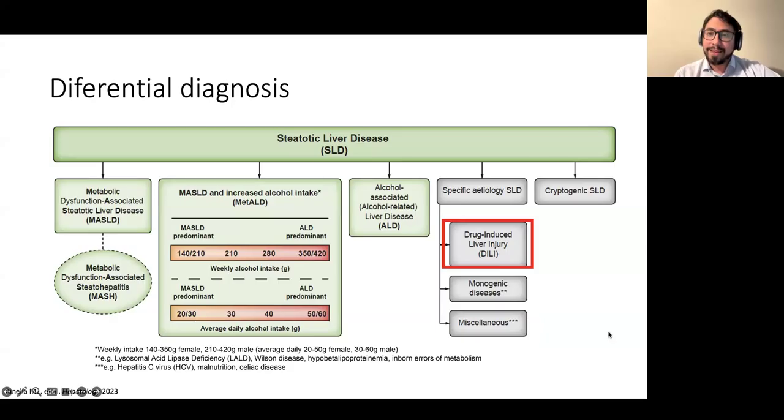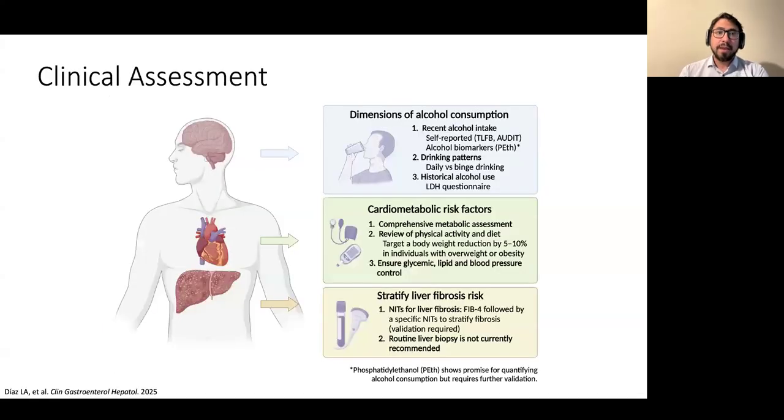So I think it's a moment to redefine what we categorize as cryptogenic steatotic liver disease and what we define as a drug-induced liver injury. Because in some aspects, probably medications can interact with other subtypes like MASLD. In other conditions, this would be a direct effect promoting steatotic liver disease. And in other cases, it will be an idiosyncratic drug-induced liver injury.